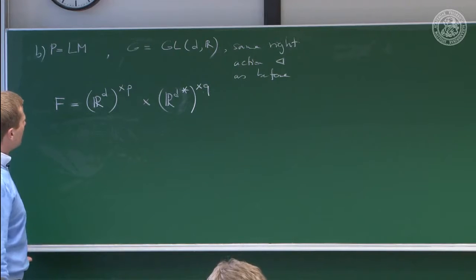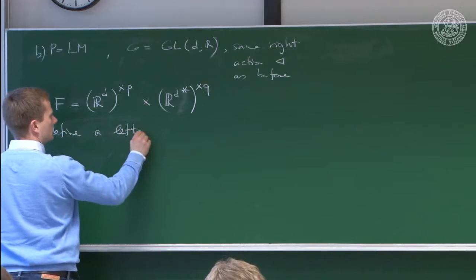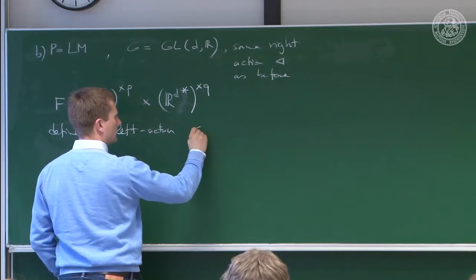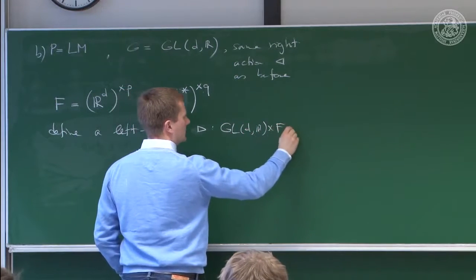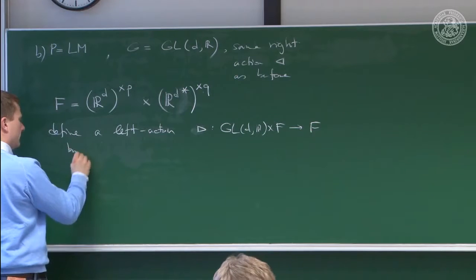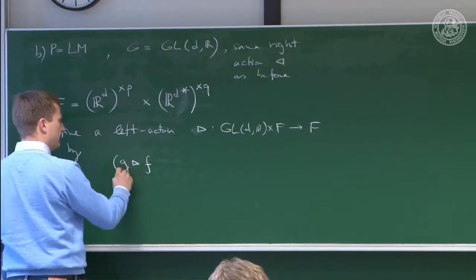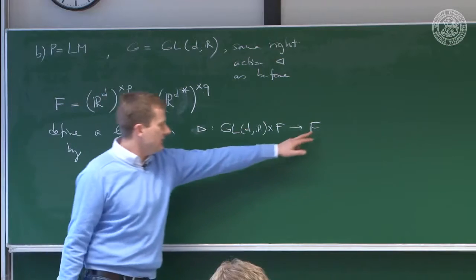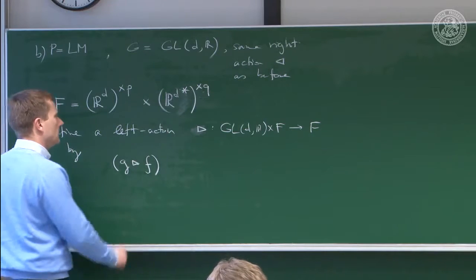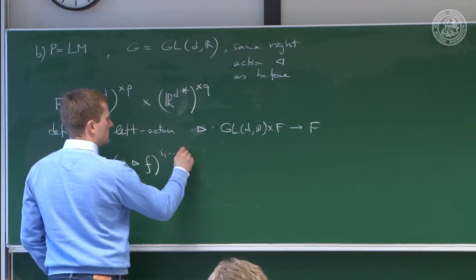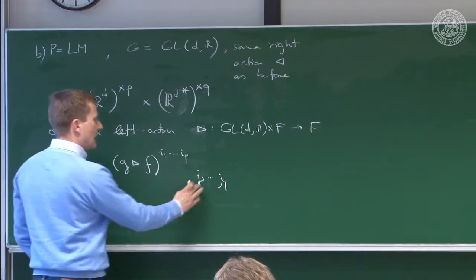Okay, so this is the fiber, and we define a left action of GL(d,R) on this fiber by g acting on an element of F, and the result will lie in F, but F is a space of P copies of R^d with Q copies of R^d star, so we have indices i_1 to i_p, j_1 to j_q, and I write the indices up, down.